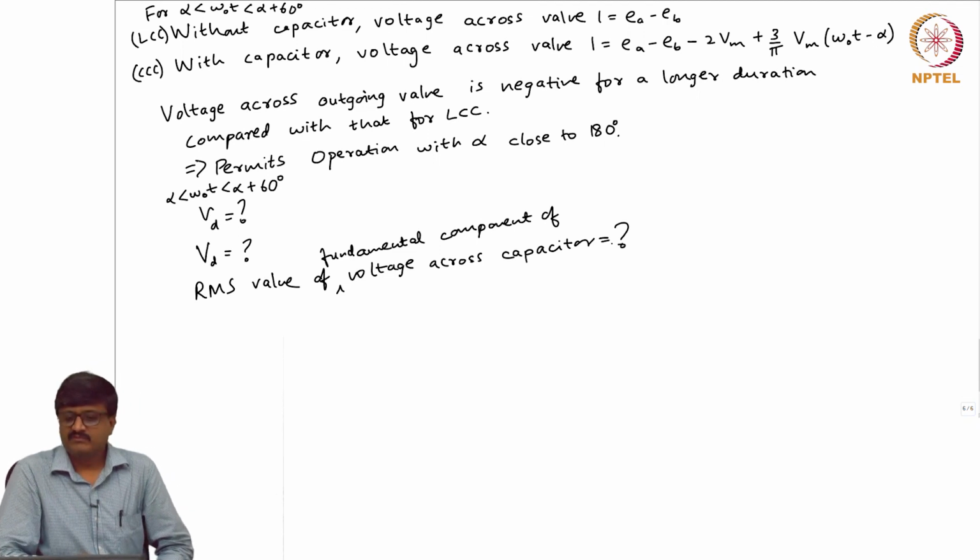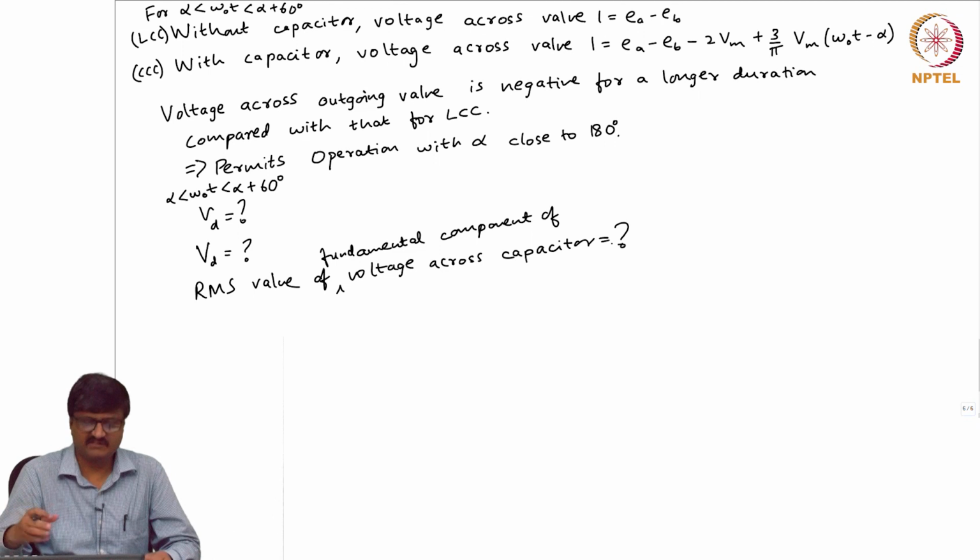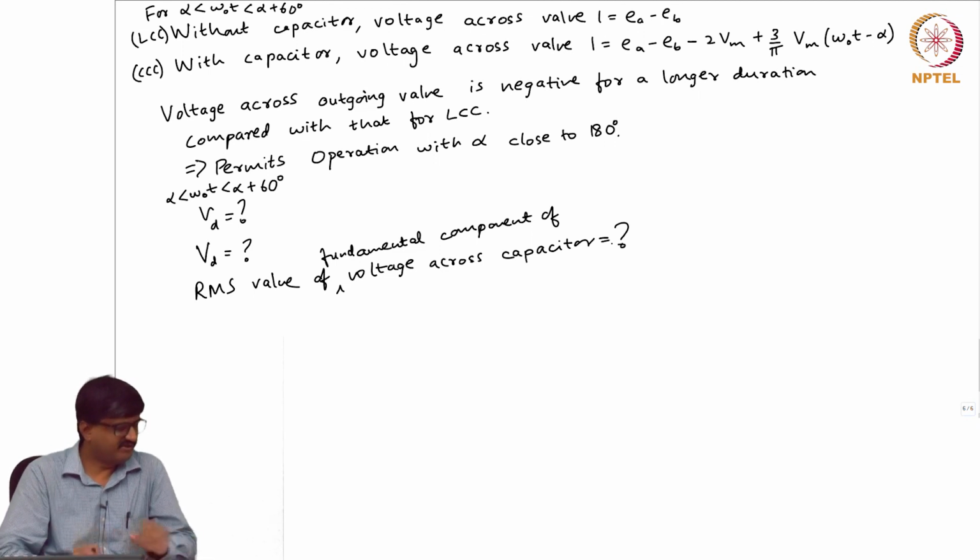Please try to get these expressions; I think they are straightforward. I will not be doing this in the class, but I will give the answers. Okay, we will stop here and continue the discussion in the next class.